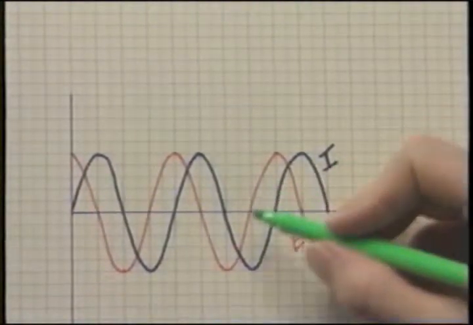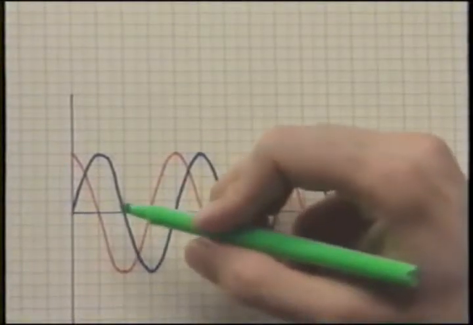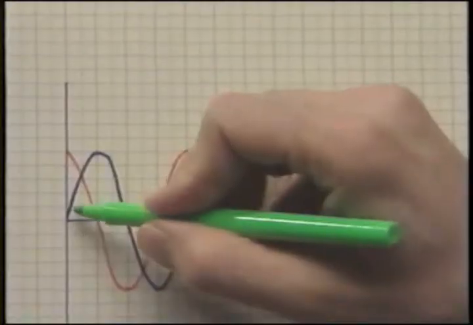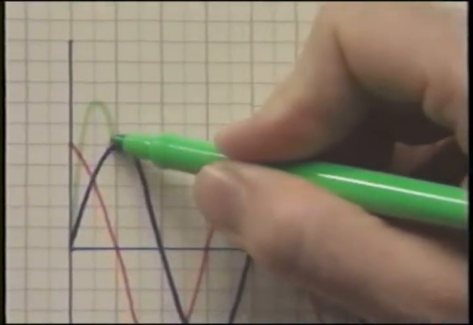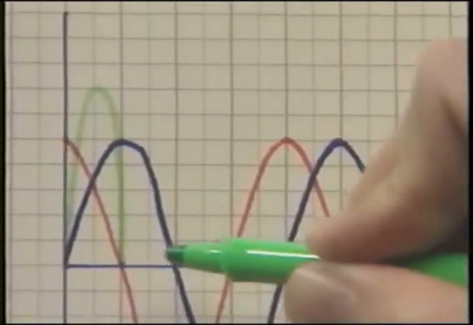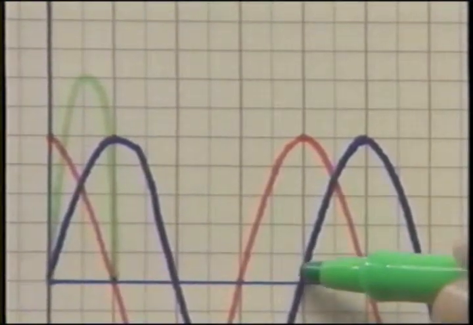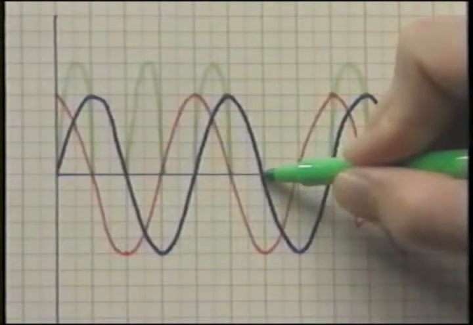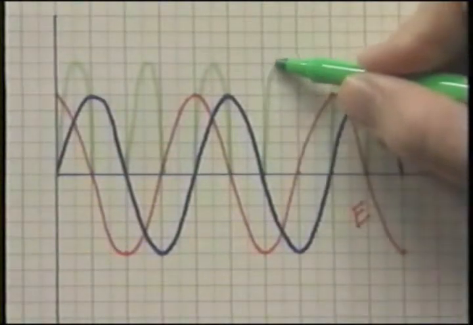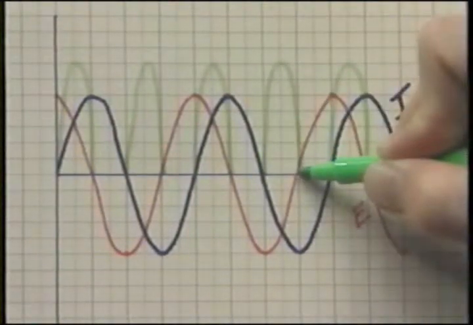Looking at this graph showing voltage and current 90 degrees out of phase, you can see that multiplying a positive voltage by a positive current results in a positive power curve. A positive power curve means that power is being delivered by the source to the load. A positive power curve will also result after multiplying two negative quantities.